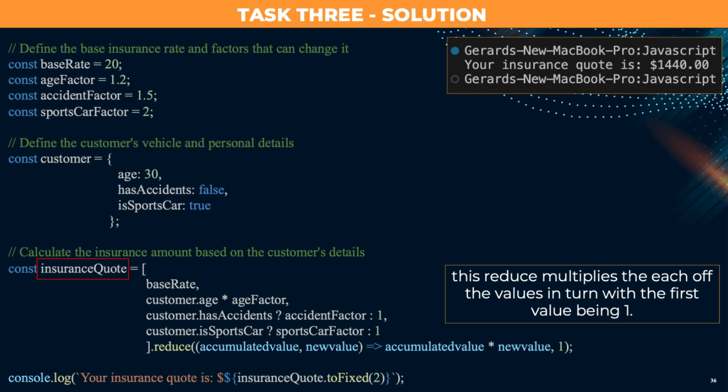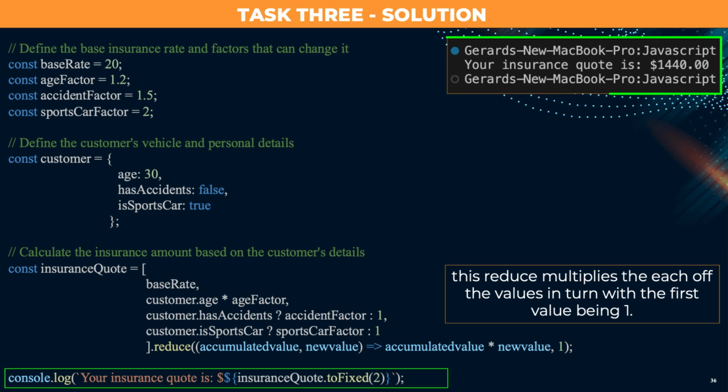So the new value is all of those multiplied together. And then the next time, it'll go around and do the same for the next customer. But we only have 1 customer, so it's going to calculate our value. And in the last part, we will print it out to 2 decimal places. And in the screenshot up at the top, we will see that it should be 1440.